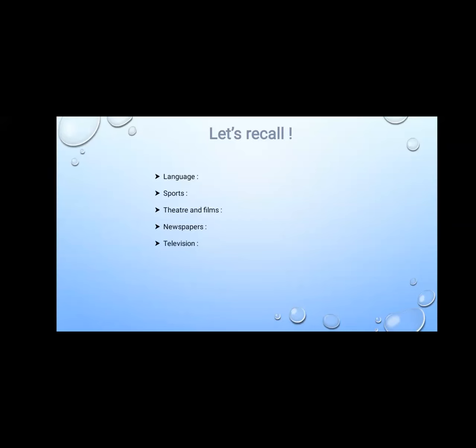There were many educational programs, news bulletins, and detailed reporting of tours of the president and prime minister, which was shown on television. And when there was a telecast of Ramayana and Mahabharata, so many people used to sit fixed at the television set at that particular time to watch these mythological serials. And these serials proved the popularity of this medium.